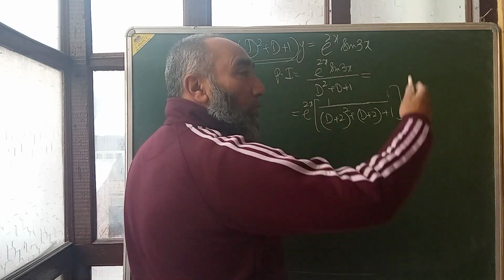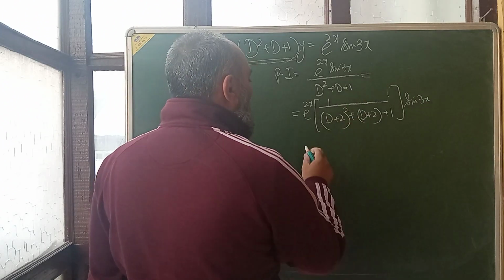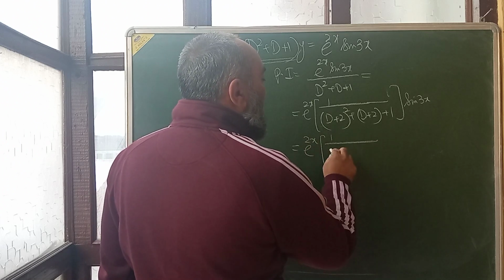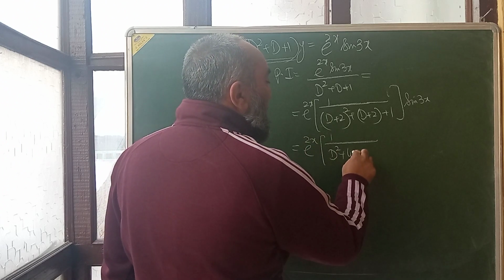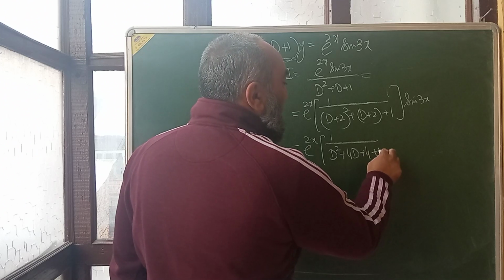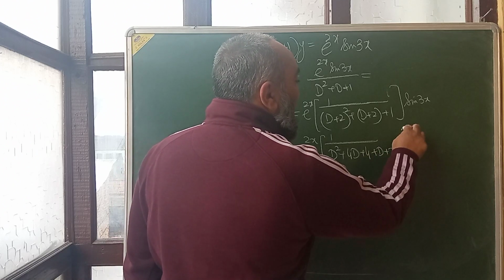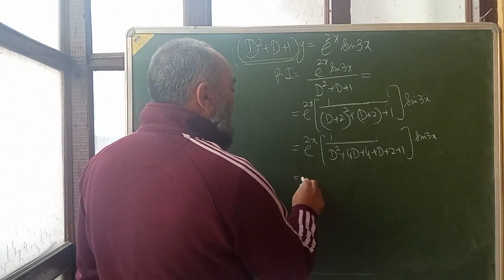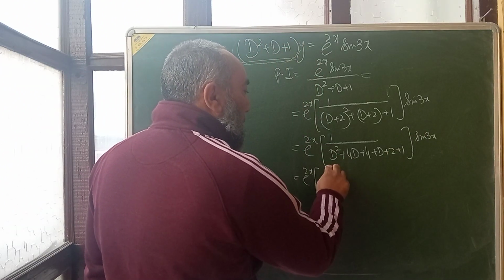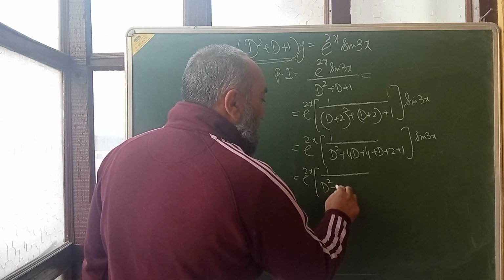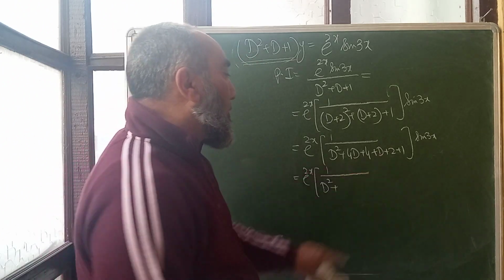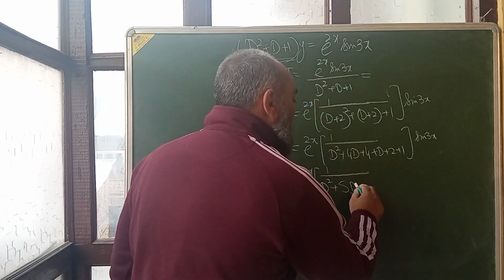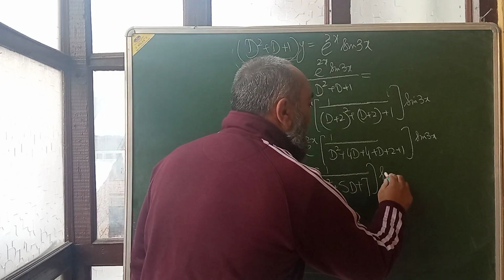If it's a polynomial, then you proceed in another way, as has been done in question 1. Now this is D square plus 4D plus 4 plus D plus 2 plus 1 operating on sin 3x, or e raised power 2x, 1 upon D square plus 5D plus 7 operating on sin 3x.